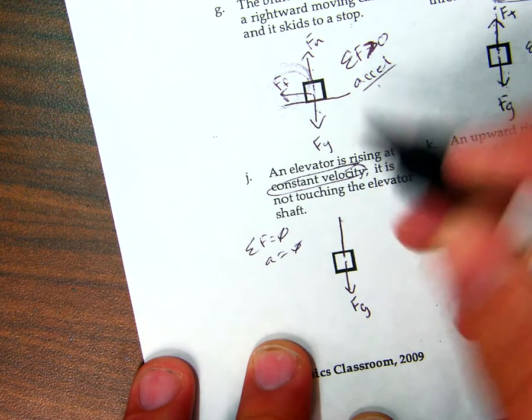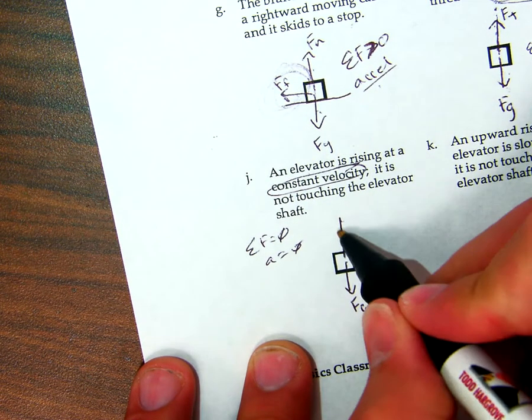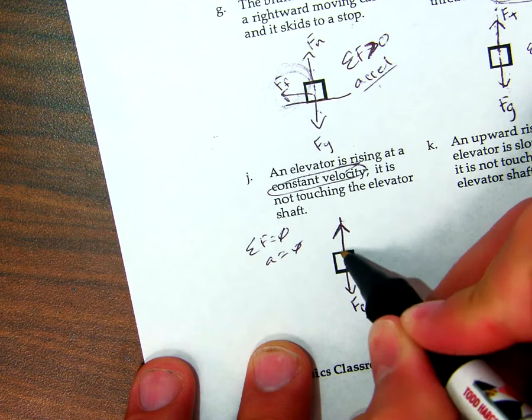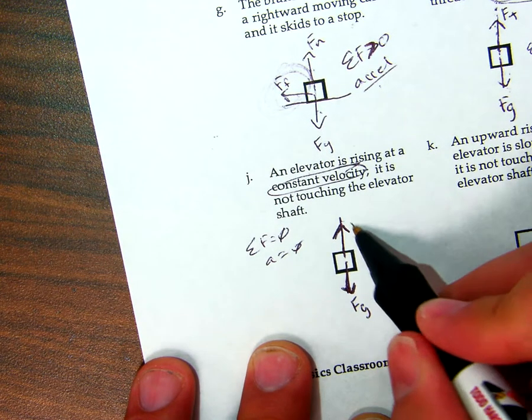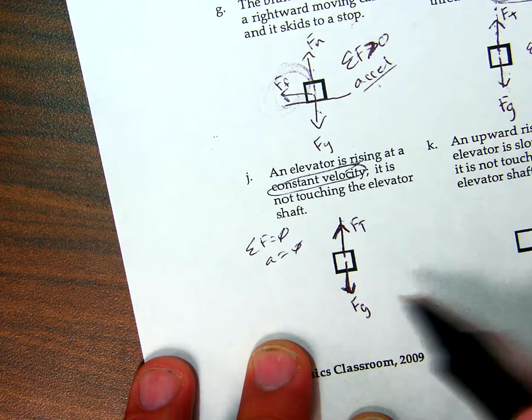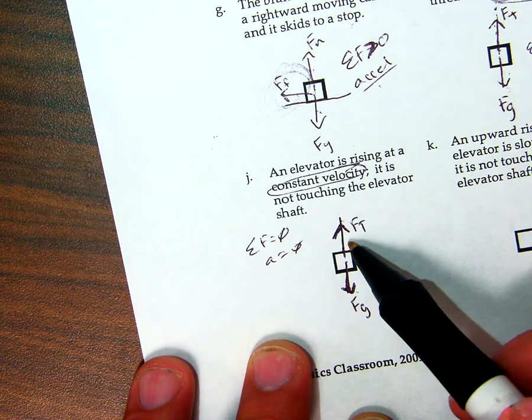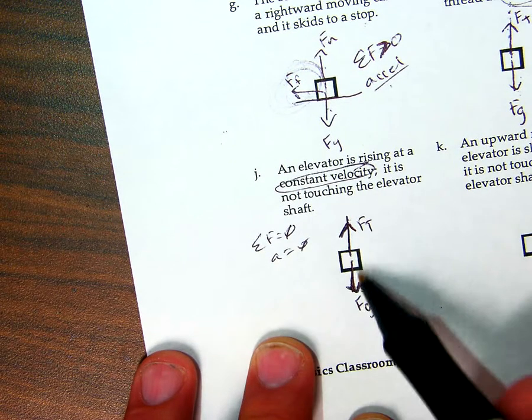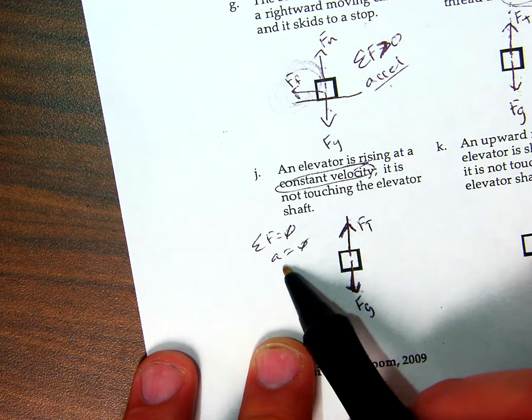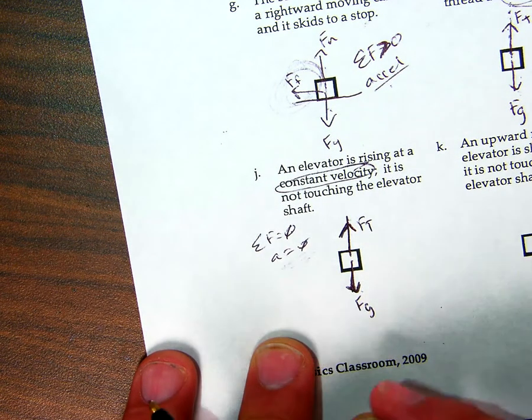So here's the cable, and there has to be some tension in that cable, so the vector that I draw is the tension force found in that cable. So force of gravity and tension force have the same magnitude, opposite direction. They cancel each other out, which means the sum of all forces is 0, and we can see that the acceleration is 0.